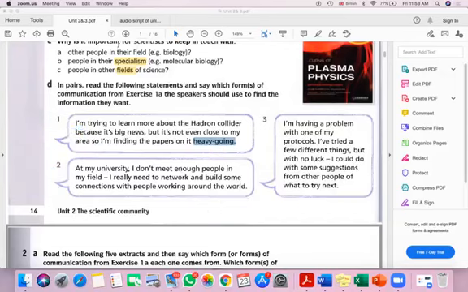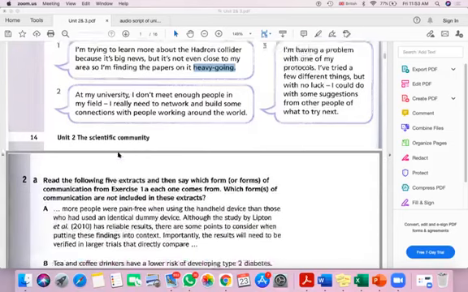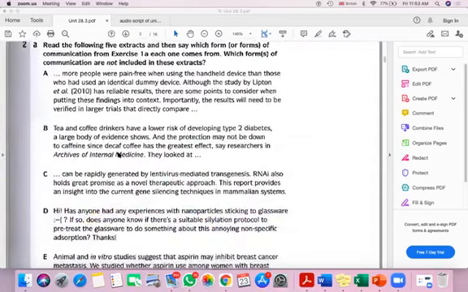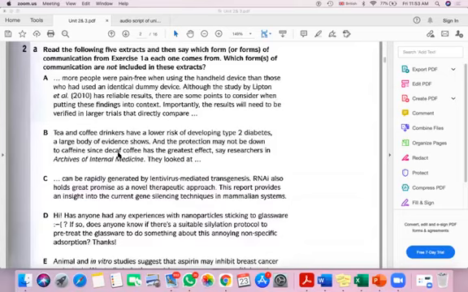So here, let's move to the next part. This part. Read the following 5 extracts and then say which form or forms of communication from exercise 1A each one come from.